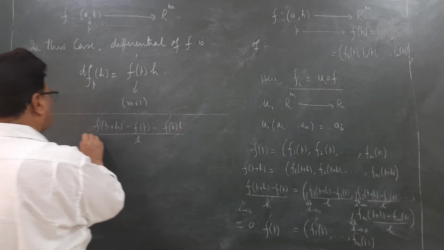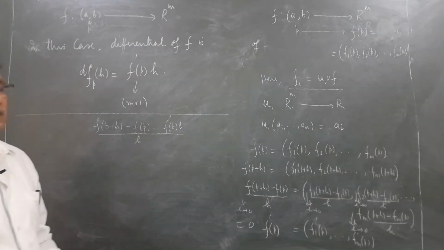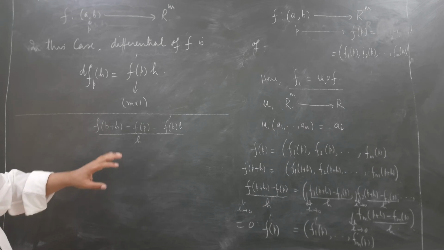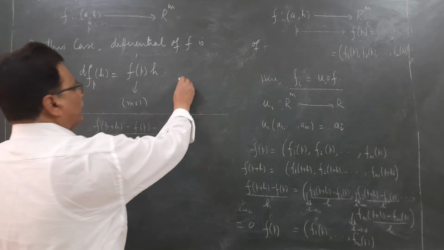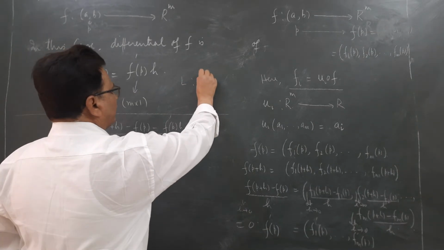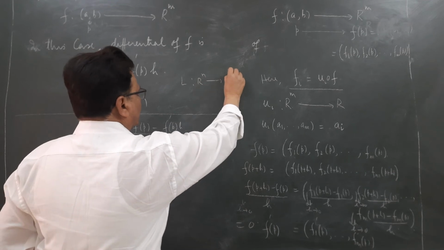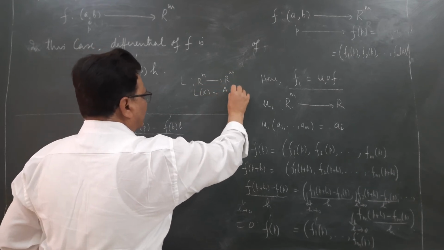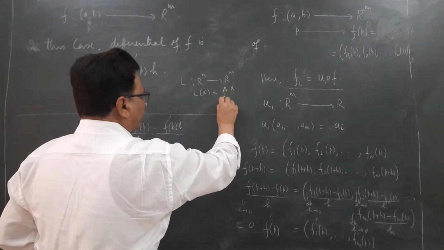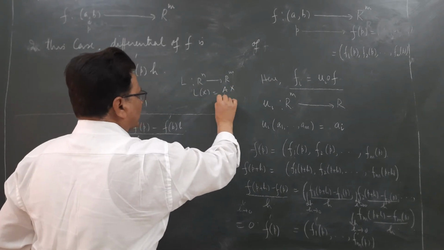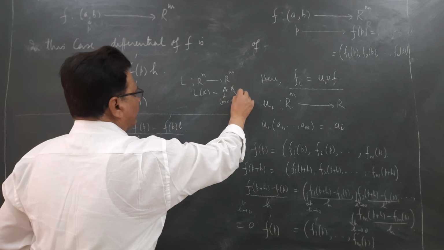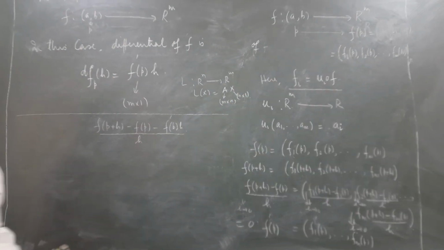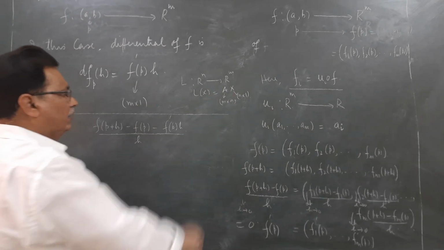Is it f dash p transpose or m? Sir, because f dash p is one row and n columns, and we are writing n plus 1. No, whenever you have a linear map from Rn to Rm defined like this, Lx equal to Ax, I consider A to be an m by n matrix, and this is an n by 1 matrix. So the product will be an m by 1 matrix.